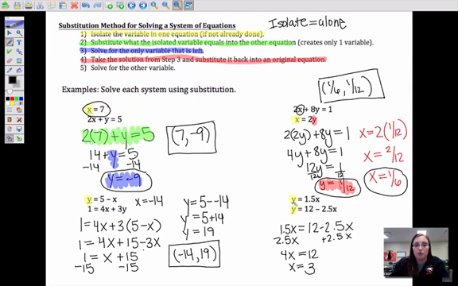There's my x. Now I'm going to go back to my original equation for y. Y equals 1.5 times x. And I will get my equation here, which means y equals 1.5 times 3 is 4.5. So my final solution, 3 and 4.5.